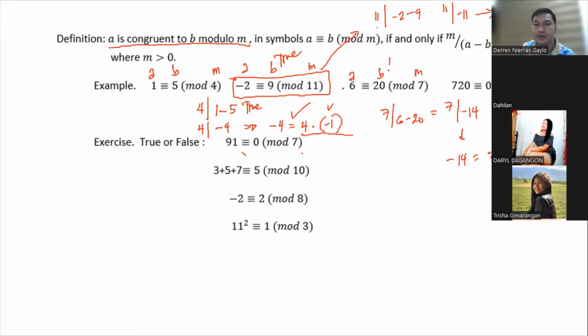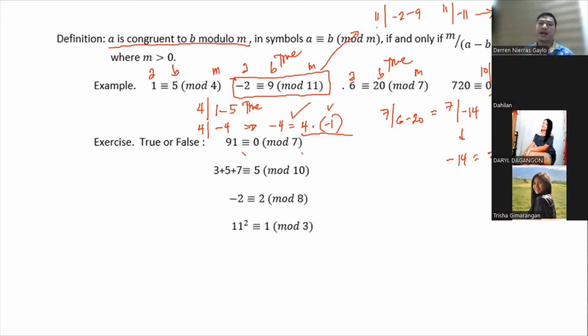So this is also true, based on the definition of divide. And also, if we have 720 is congruent to 0 modulo 10, then 10 divides 720 minus 0. We will find a number where 10 is multiplied to something to get 720, and that is 72. So this is also true.